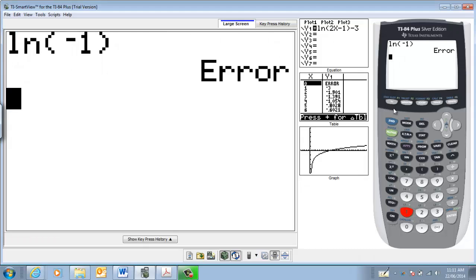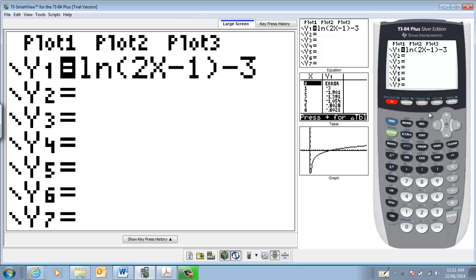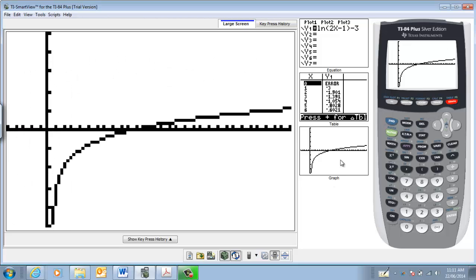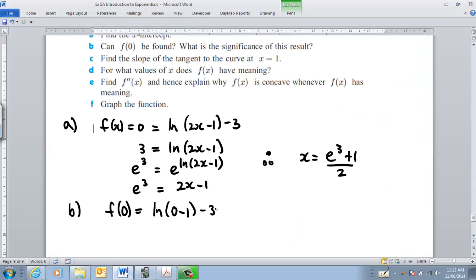The reason it won't find it is if you go to your graph and then you graph it, this is the sort of function you're getting. That's our X-intercept, and over here it's quite clearly going down. So what does that really mean? It means that the y-axis must be an asymptote line. So in this particular case, what would we say?